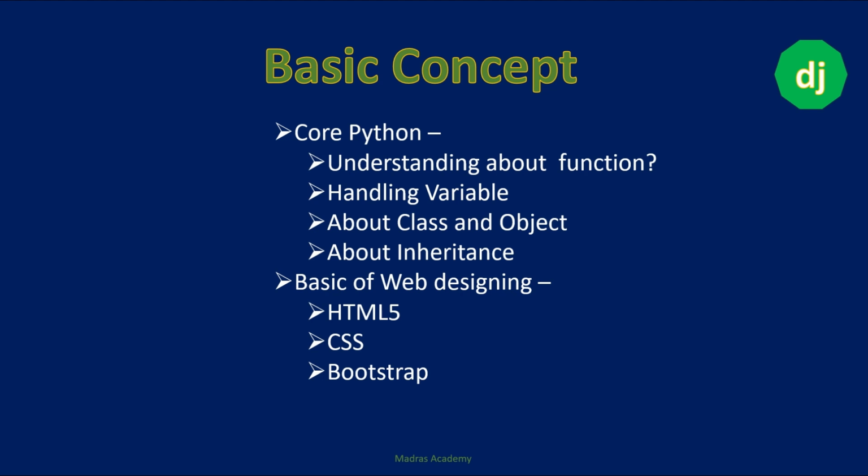These are the concepts we have to learn beforehand. In this session we will cover HTML5 and the bootstrap theme, and using that front end, how to communicate with your database, everything we'll see. We will create one online banking application. Like that, we will take any one topic and create applications based on it.